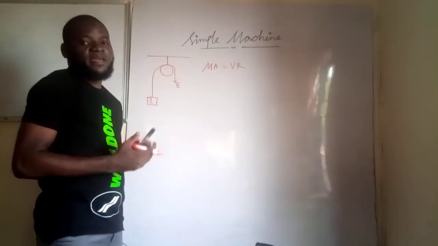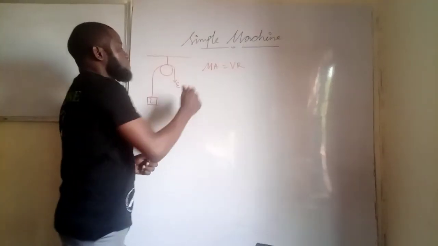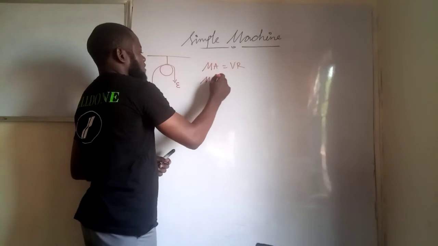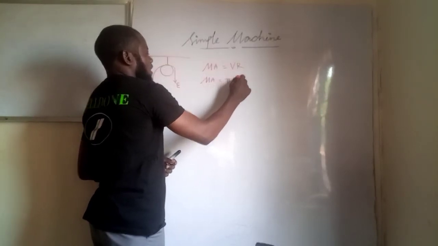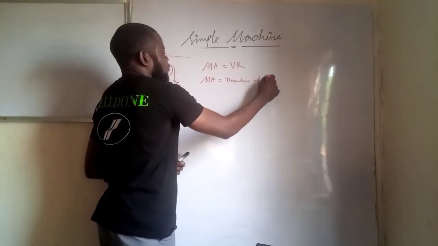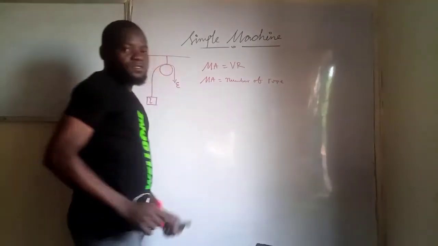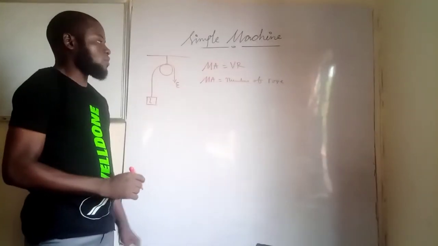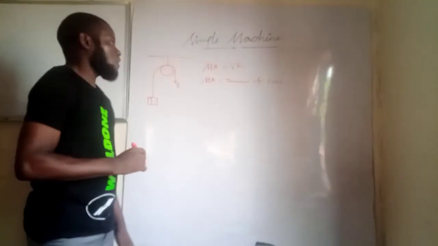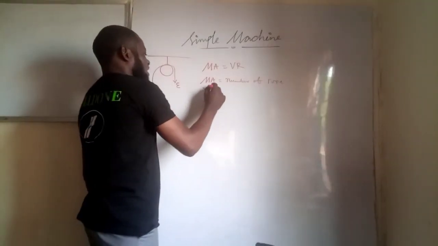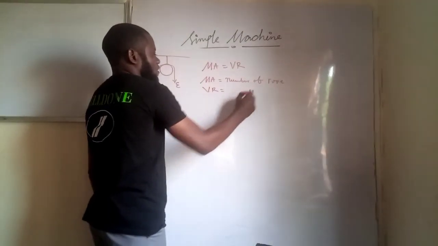How do I get my mechanical advantage? My mechanical advantage is equal to the number of rope. And you can also say that velocity ratio is also the same thing.